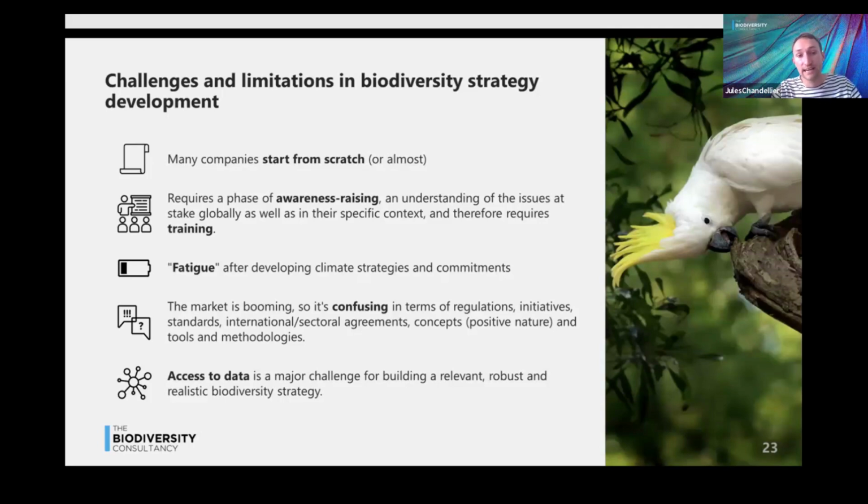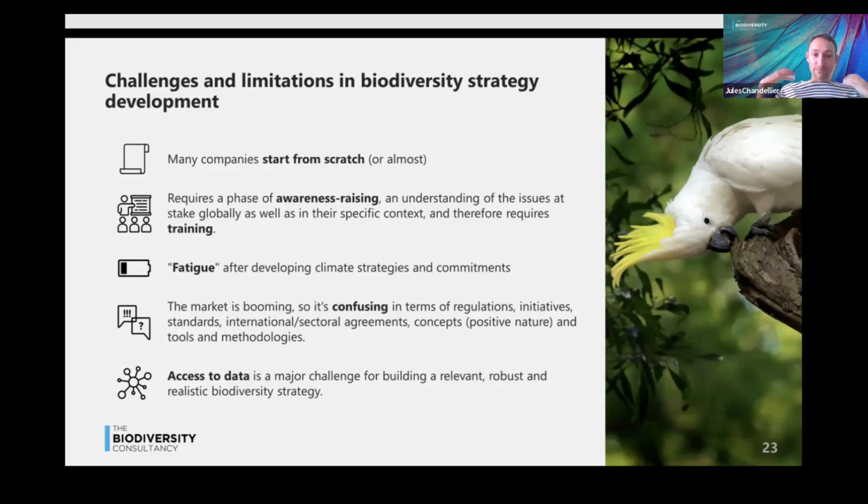I think it's fair to say that there is a bit of fatigue in environmental topics in companies today. After a long period of developing climate strategies and commitments, a lot of companies are feeling, well, now, okay, we thought it was good, now we need biodiversity. So I think it's a fair feeling to have, especially in big groups where there's a lot of process to be put in place.